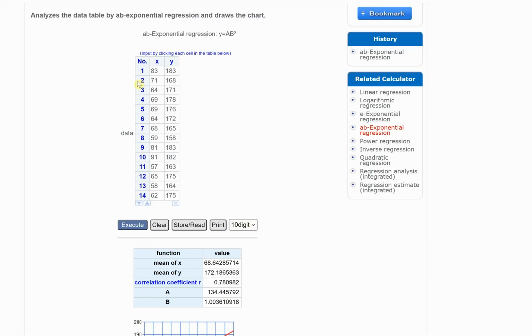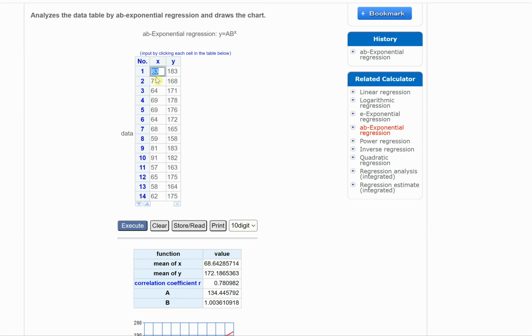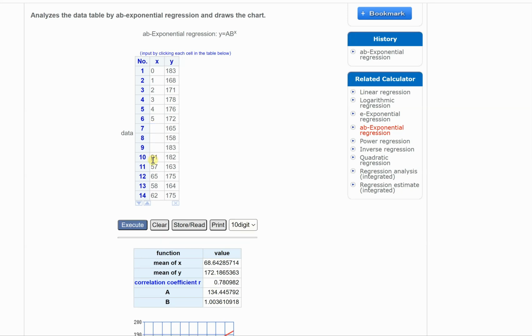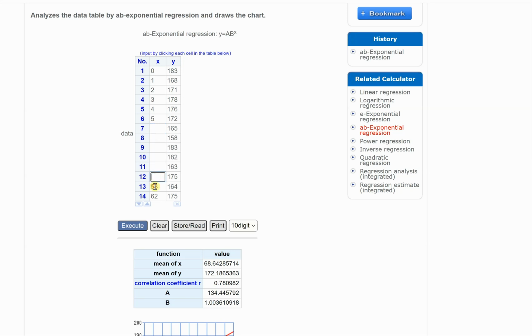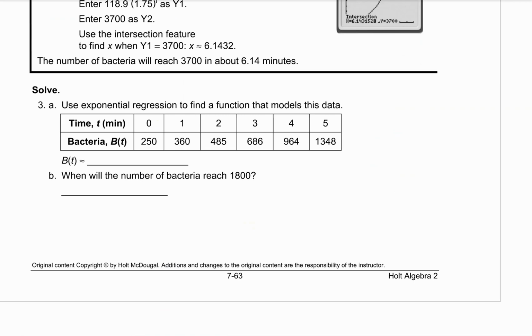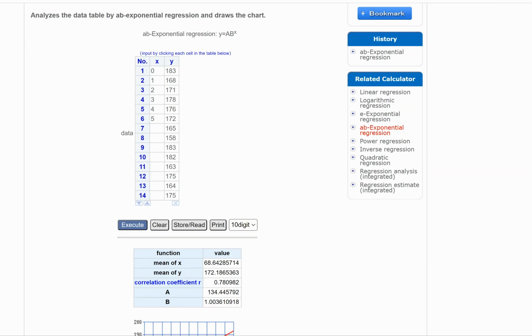I'm going to put in 0, 1, 2, 3, 4, 5. And this is just a little JavaScript program. Delete these other ones because they will mess up our data. And then we're going to enter the Y values, 250, 360.